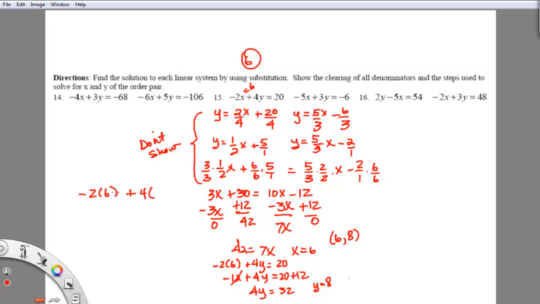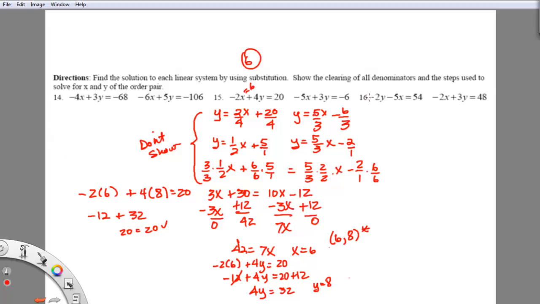Y is 8. That has to equal 20. So I have a -12 plus 32. Well, that equals a -20, or equals a positive 20. Sorry. 32 minus 12, that is 20. And 20 equals 20. So that tells me that I've got the right solution right there. So we've done that problem right.